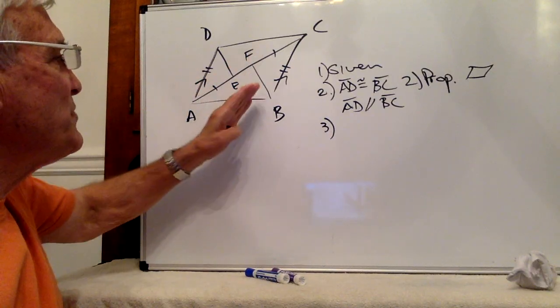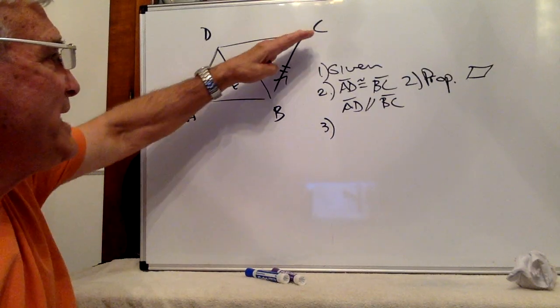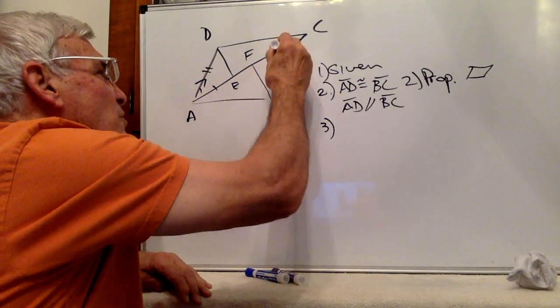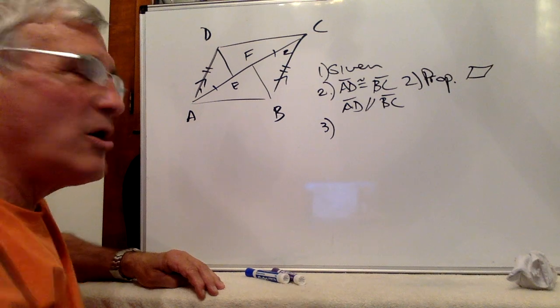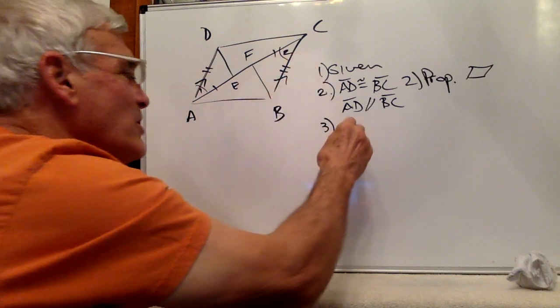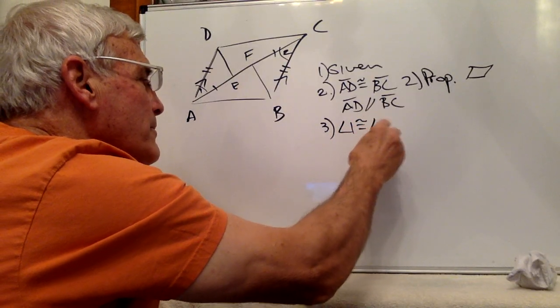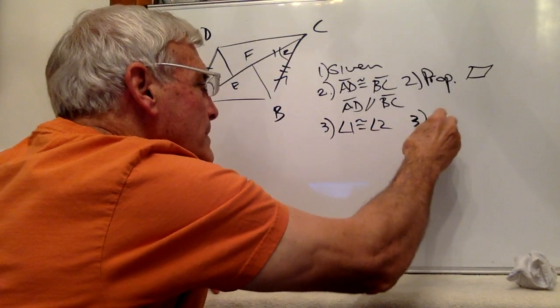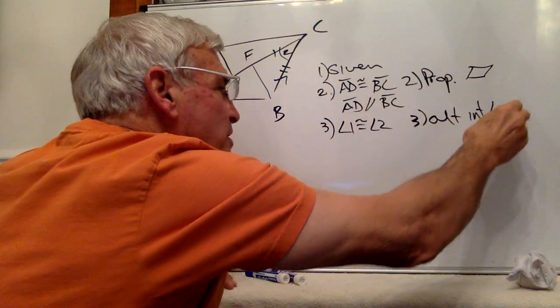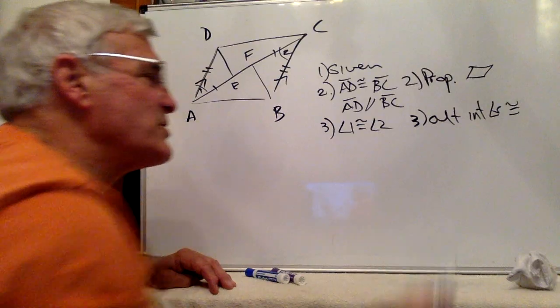Since these two sides are parallel, using AC as a transversal, this angle, call it 1, and that angle 2 are alternate interior angles. Therefore, that angle and that angle are congruent. Alternate interior angles of parallel lines are congruent.